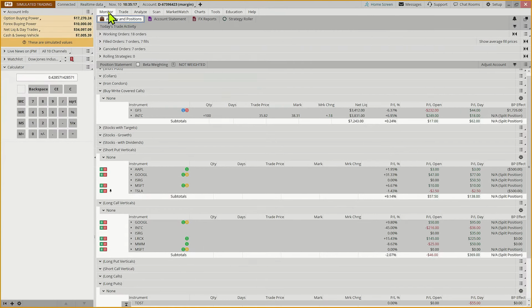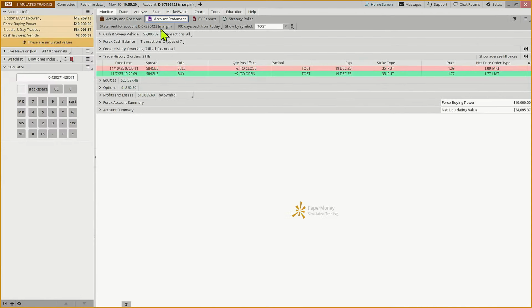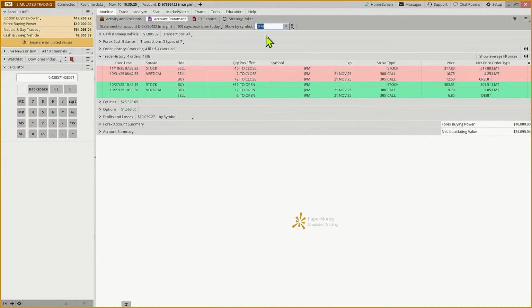So if we come to our monitor tab, and I promise to compare and contrast these. We bought the stock first. So here's our stock. We bought it for 303 back on the 27th, and this morning it hit our target. We got out at 317.80, which was probably the opening price.